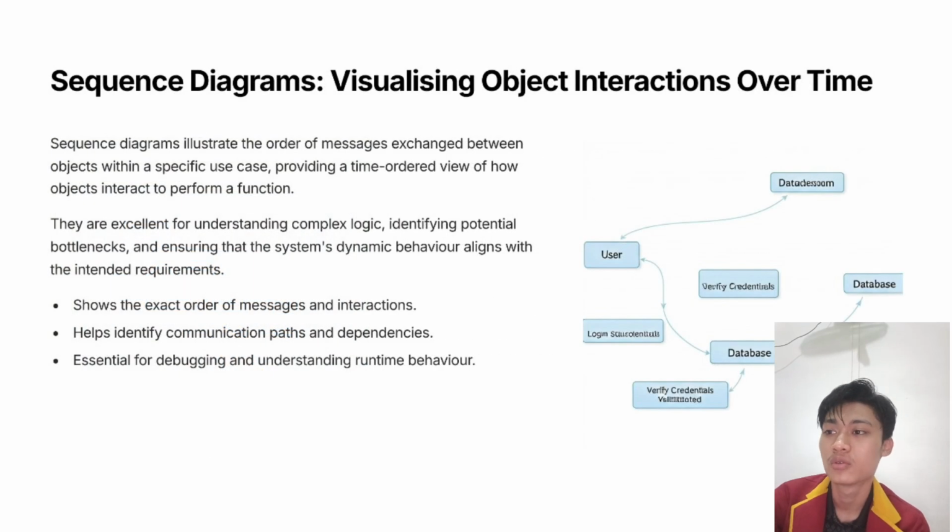Next, sequence diagrams, visualizing object interaction over time. Sequence diagrams illustrate the order of message exchange between objects within a specific use case, providing a time-ordered view of how objects interact to perform functions.